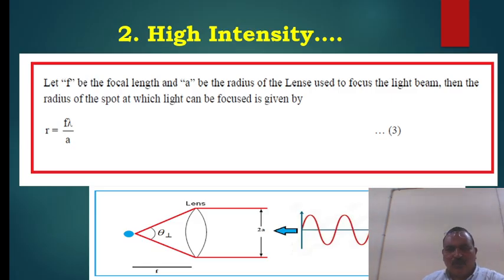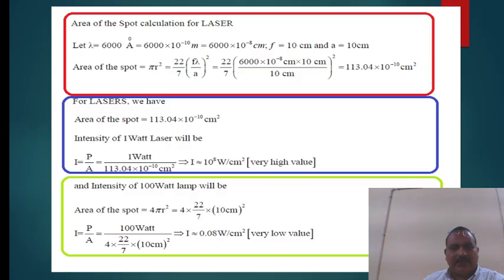So this is our relation, and yes, we can compare this radius of the spot for laser as well as for an ordinary light source. Let lambda be 6000 angstrom, that is 6000 × 10^-8 cm, f equal to 10 centimeter, and a equal to 10 centimeter.